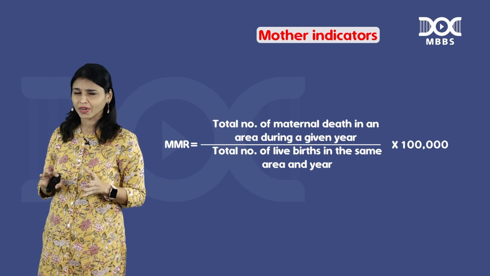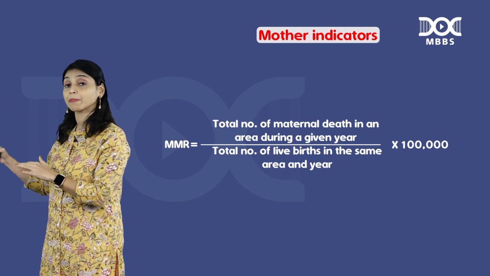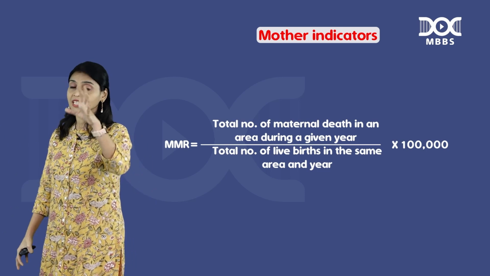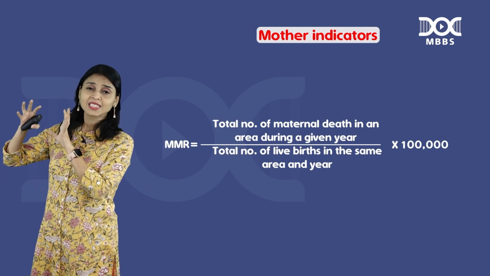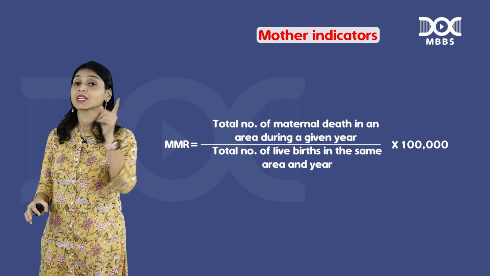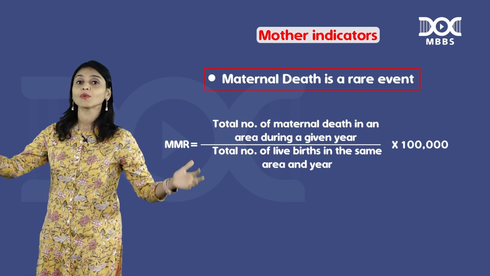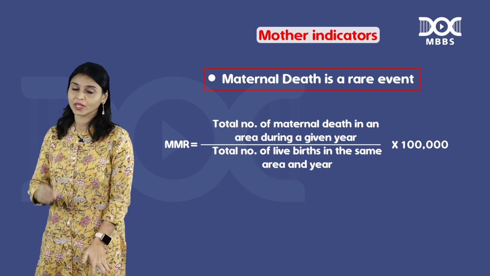It doesn't sound good, right? So, to make it a whole number, we have increased the multiplier to 1 lakh so that you can say, per 1 lakh live births, this many maternal deaths. The multiplier is 1 lakh only because this is a rare event. You may have to take 1 lakh to get a single digit. That is the only reason.